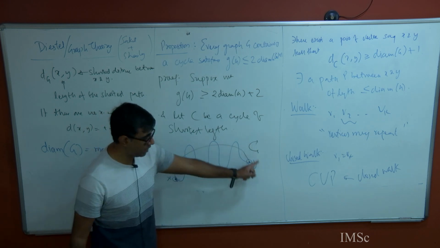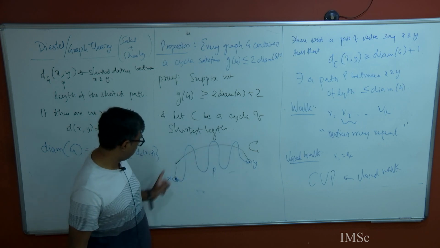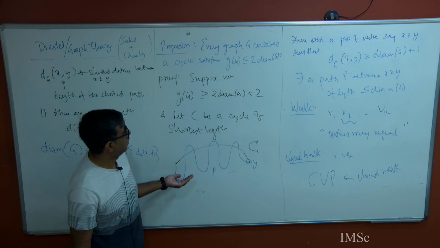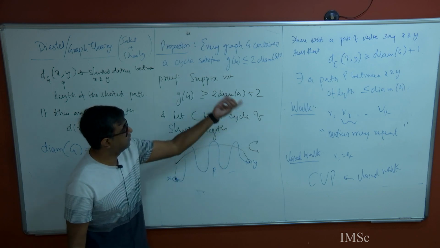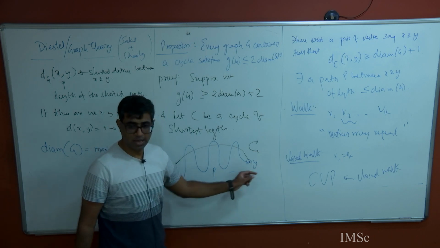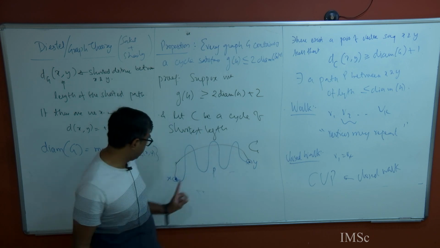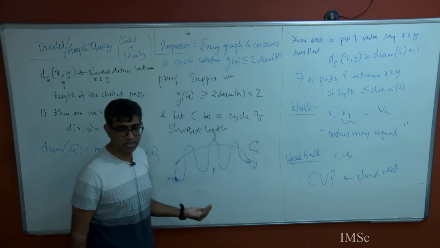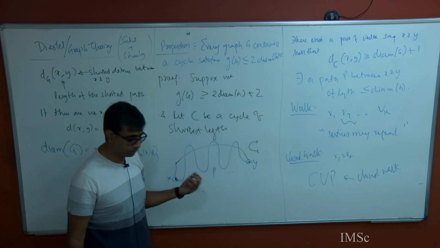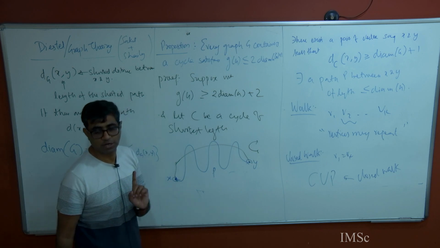There is still a path between x and y which is black, on the C, which is of length at most diameter of G plus 1. Look, if x to y was of length at least diameter of G plus 1, then the other path has to be of length at most diameter of G plus 1.